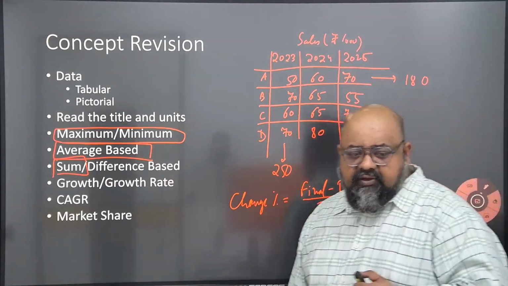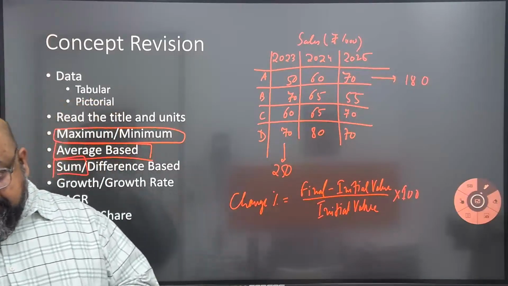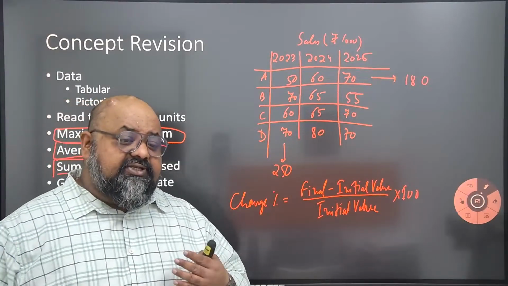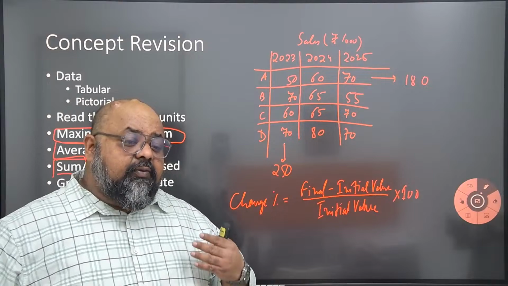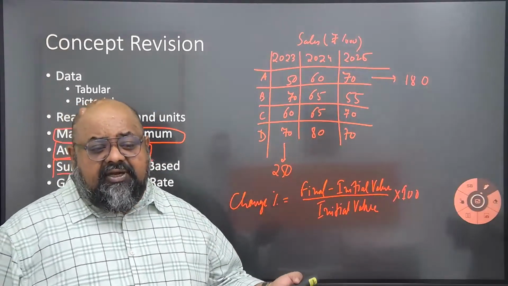This is the formula for change percentage. So if a value goes from 20 to 30, we calculate the change, which is 10, divide by the starting value, because any percentage increase happens on the starting value. And since it's a percentage, we multiply by 100.